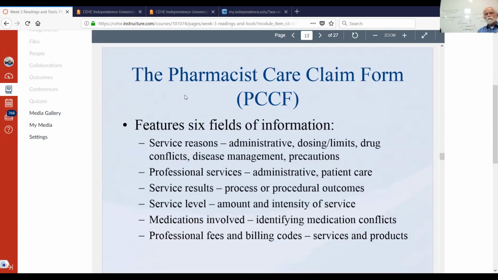Pharmacies do more than just fill prescriptions. Pharmacies have contracts often with nursing homes to provide medications and to provide medication monitoring services for the homes.